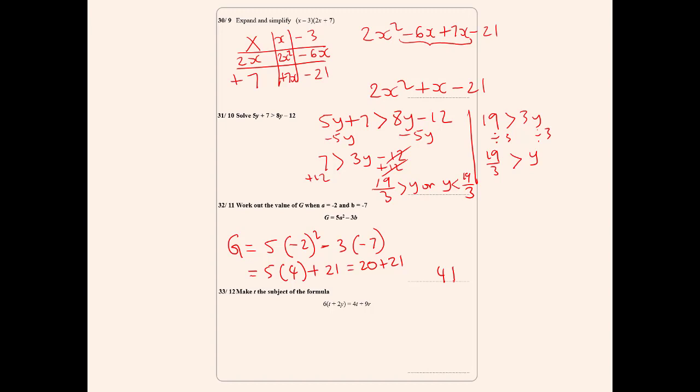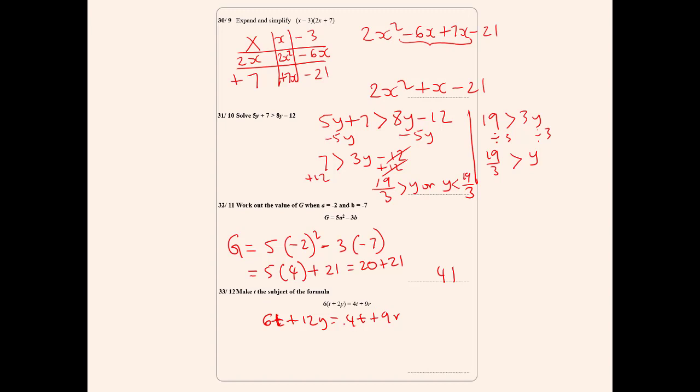Make t the subject, and we have brackets here. So we need to get rid of the brackets first, multiply out the brackets. So 6t plus 12y equals 4t plus 9r. We have t on both sides, therefore let's get rid of the smaller t, because we're making t the subject.